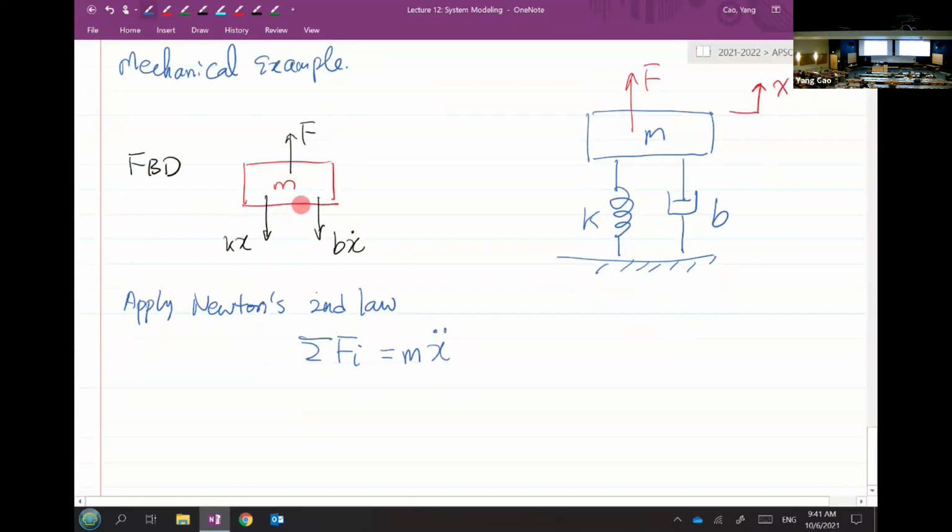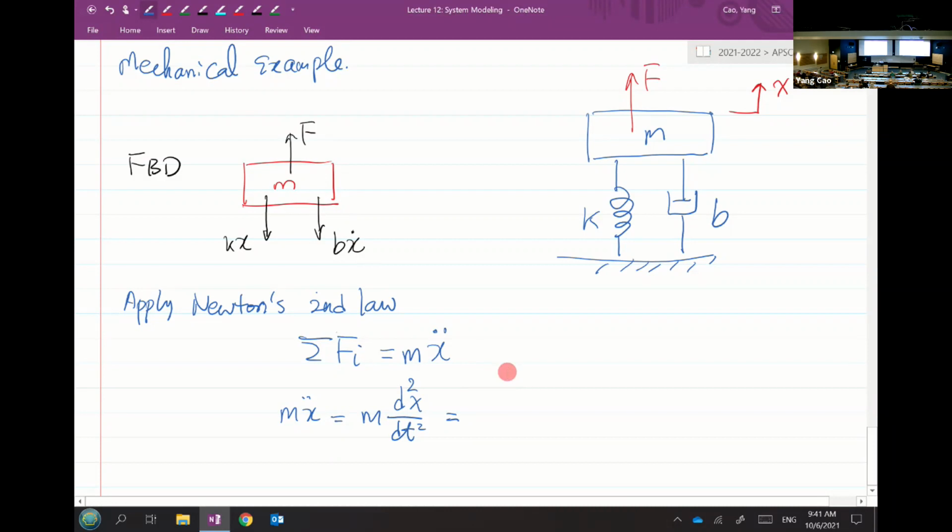Now we go back to the free body diagram again. When you apply Newton's second law here, it is m x double dot, or you can write it as m d²x over dt², whichever way is fine. Let's take a look at this free body diagram. Now this is where you have to be careful with the sign.